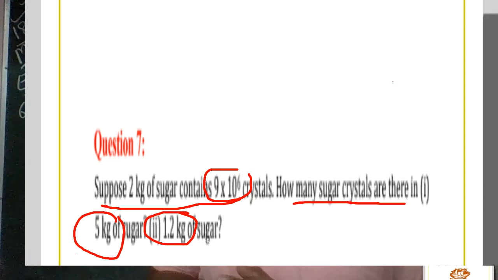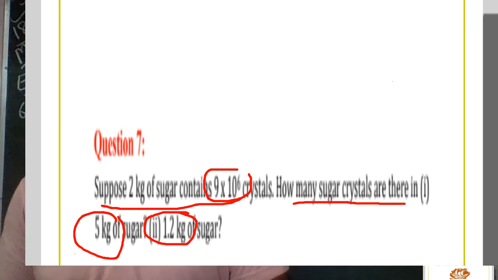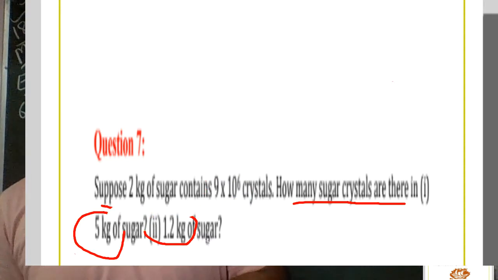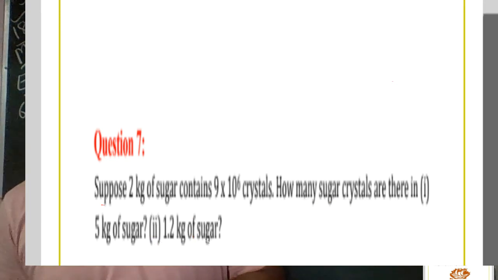We have to find how many crystals are in 5 kg sugar and how many in 1.2 kg sugar. Let's see how to solve such questions.